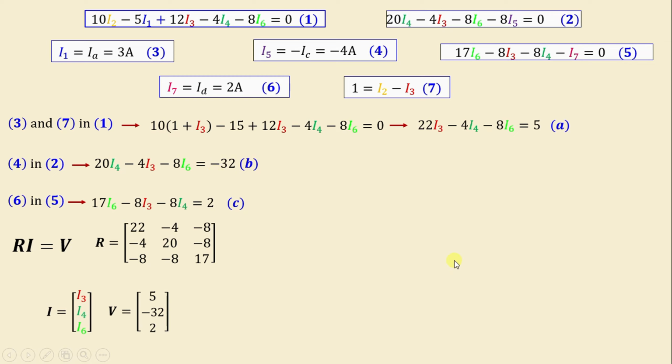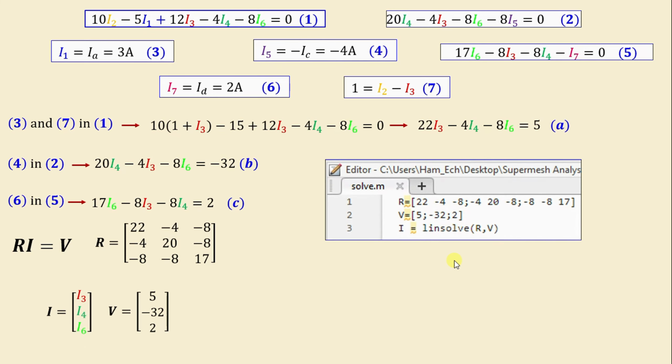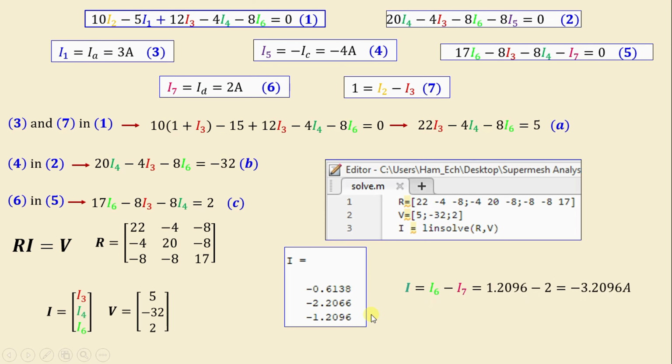Since this problem is quite difficult to solve by hand, I created a MATLAB program that makes it easier, which is given in this picture. If we run this program in MATLAB, we obtain the values of the currents I3, I4, and I6. We know that the current I through the resistor R7 is equal to I6 minus I7, which is 1.2096 minus 2, so we get negative 3.209 amps.